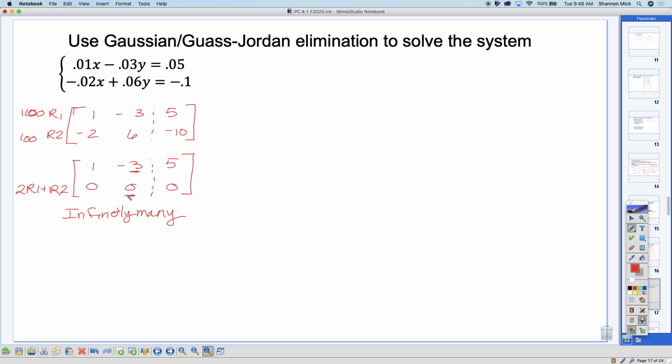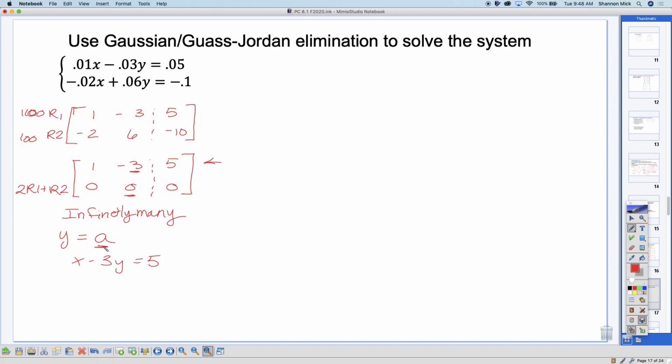So my two variables are x and y, correct? So we are going to name y equals a. Okay, y equals a. Everyone got it? So if y equaled a, this equation right here would be x minus 3y equals 5, yes? And what's y equal?